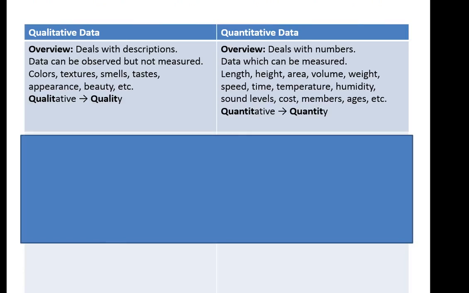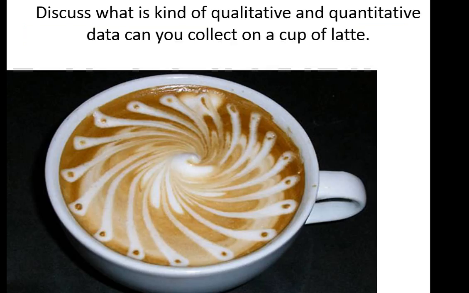Now, there are two types of data, qualitative versus quantitative. We define qualitative data as something that is observed but not measured, things like colors, textures, smells, taste, appearance. It's qualitative, quality. Quantitative is something that deals with numbers, something that you measure, like length, height, area, volume, weight. So here's a cup of latte.